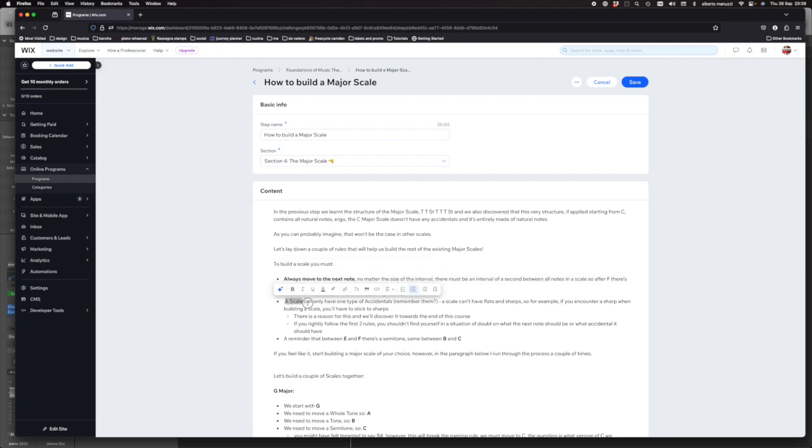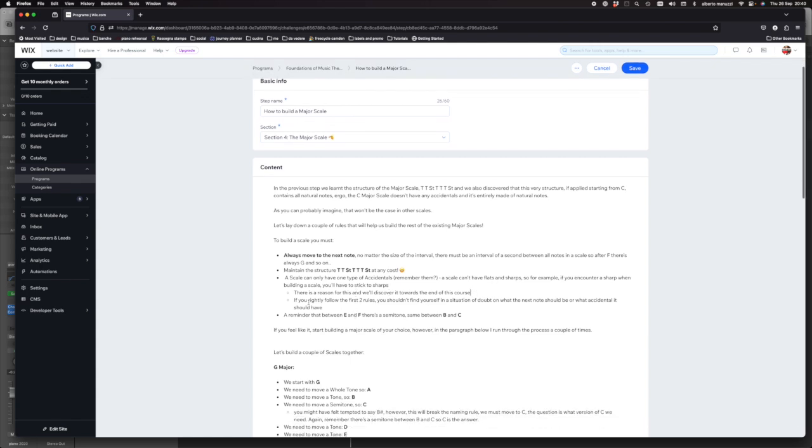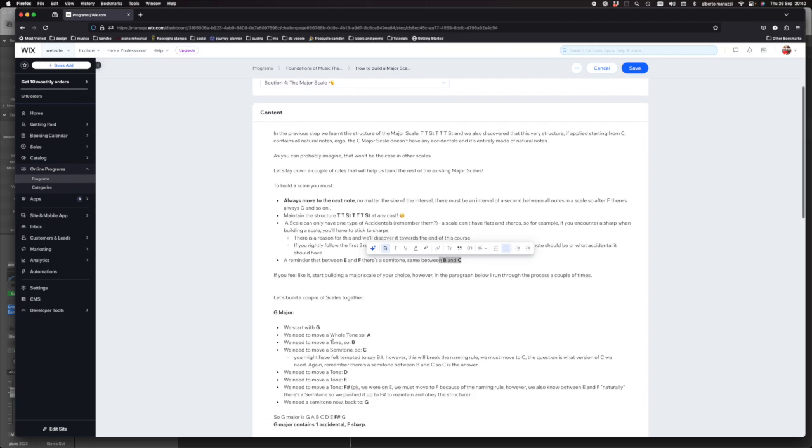The third one should fall into place naturally. There is a reason for this, and we'll discover it towards the end of the course. Also, reminder that E and F and B and C, there are semitones already there.